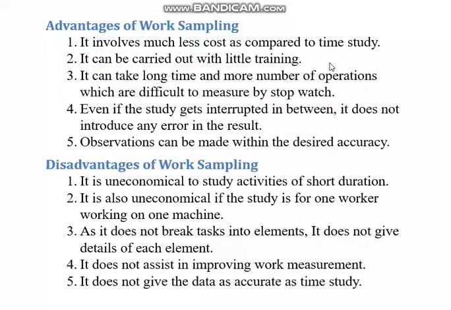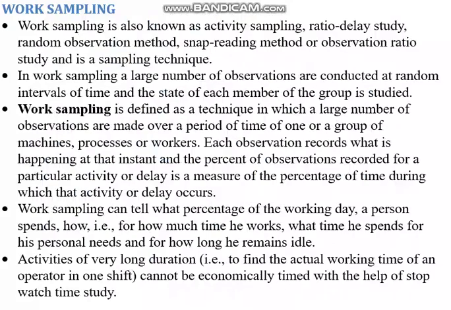You see, what was this work sampling doing? Work sampling is defined as the technique in which a large number of observations are made over a period of time. Only observations they are talking about. Here we are not able to estimate any basic time or standard time. So this is only activity sampling or random observation method, like that they are saying work sampling.